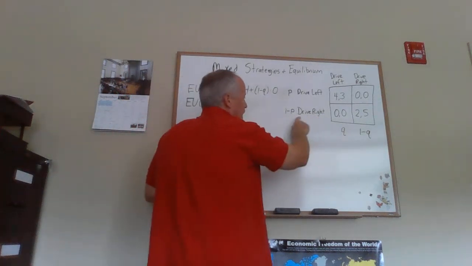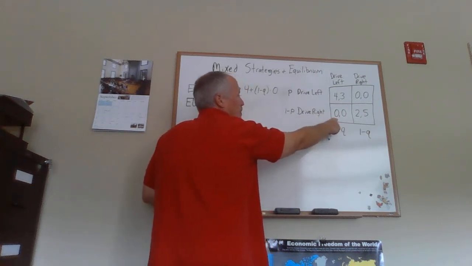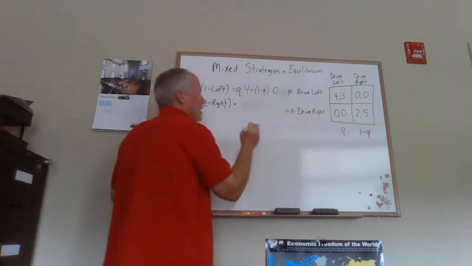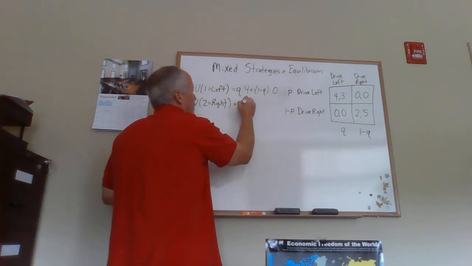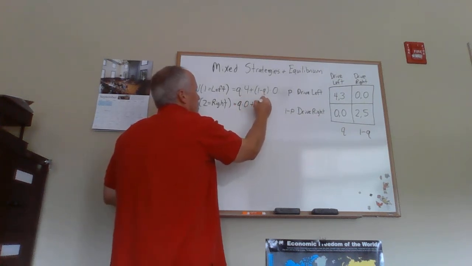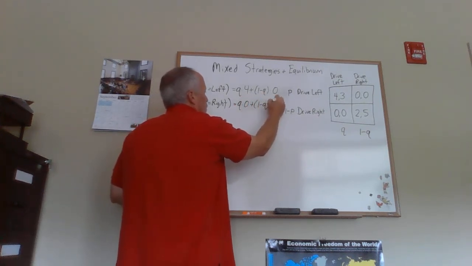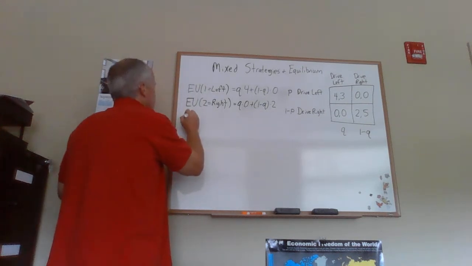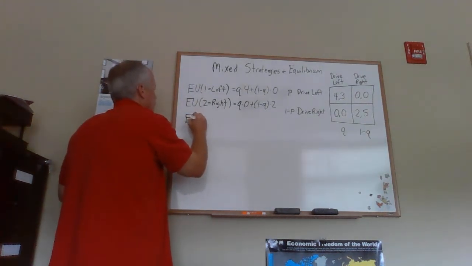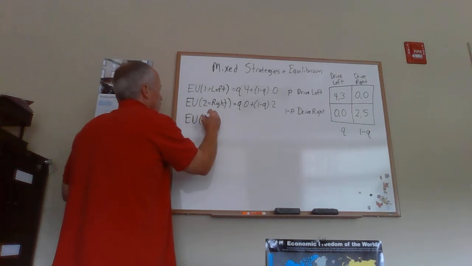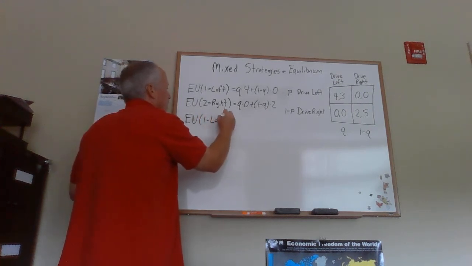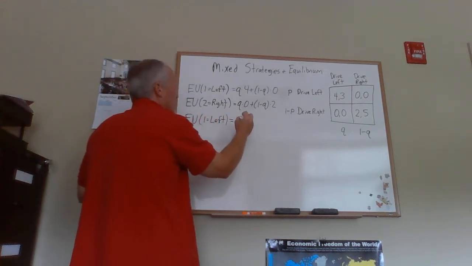And then if they choose drive right, they're in this cell with probability Q, and this cell with probability 1 minus Q. So that would be Q times 0 plus the other term. If you simplify that a little bit, it'd be 4Q.